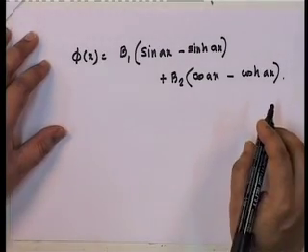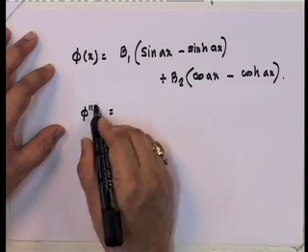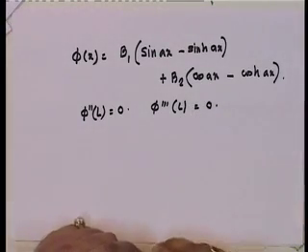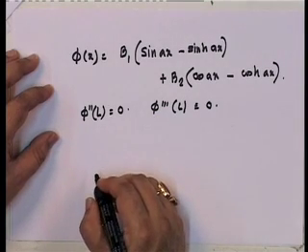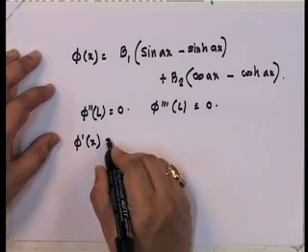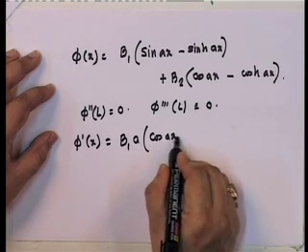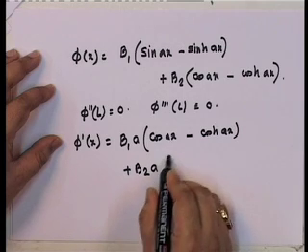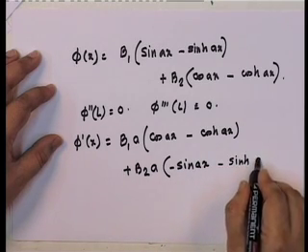Okay. So, once we get this equation, then we substitute the fact that the moment and shear are zero at the free end. If you look at this phi of x, phi prime of x is equal to B1 A, this will become cosine AX, this will become cosine hyperbolic AX, plus B2 A, this one becomes minus sine AX, and this will become minus sine hyperbolic AX.